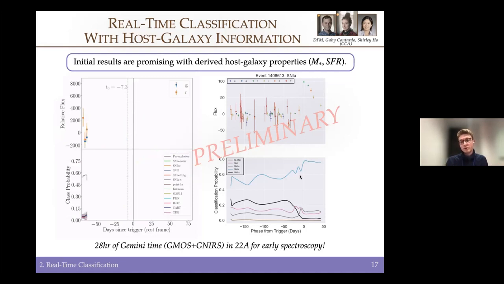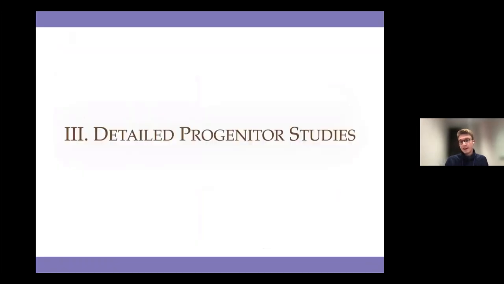Hopefully, if we're able to use this to improve early classification, then we can trigger on some events that we find and get early spectra. I want to talk about what we might be able to do with early spectra, but I'll stop there and see if there are any questions.